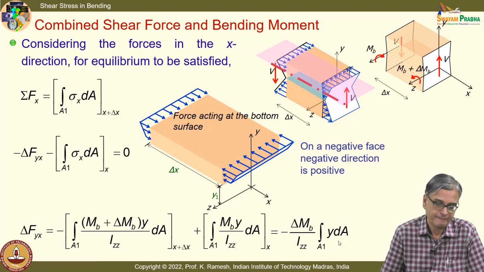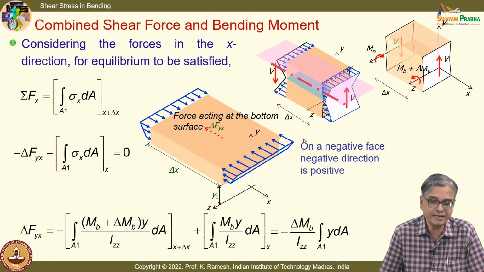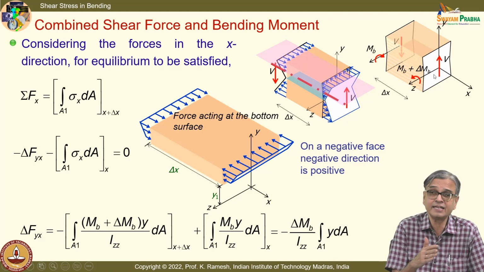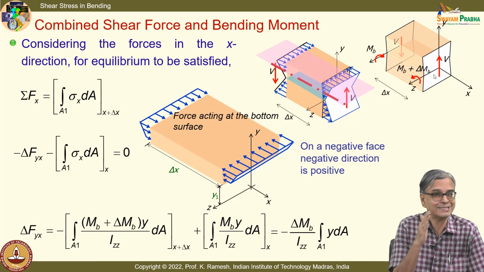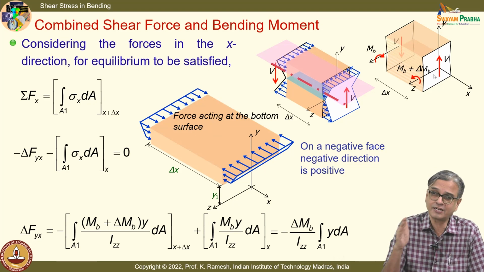Okay. So, what we have actually done is, we have recognized that bending moment varies along the x axis, and we have utilized the flexure formula using Mb at this cross section, and using Mb plus delta Mb at this cross section, and we realized because the bending moment is different, the stresses are different on this, consequently the forces are different.